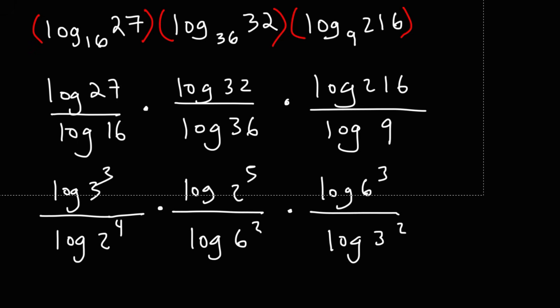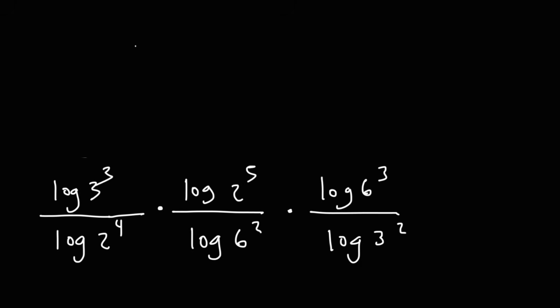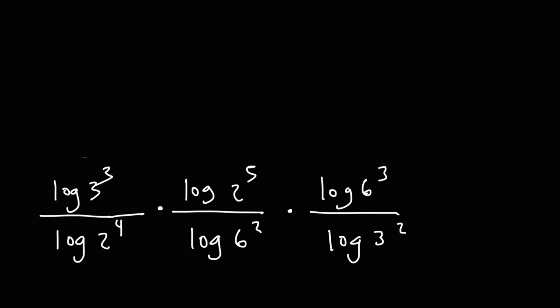Now, there's another property of logs that we need to discuss. For instance, let's say we have log 5 raised to the third power. We could take the exponent and move it to the front. So this becomes equal to 3 log 5. So that's the next property of logs that we need to apply at this point. So all of the exponents we are going to convert to coefficients.